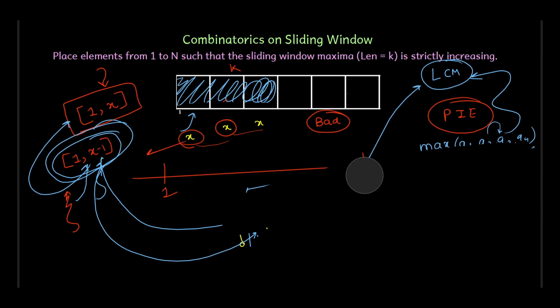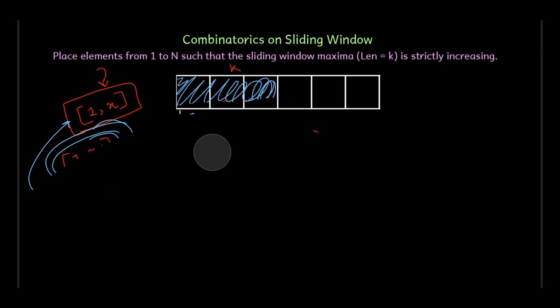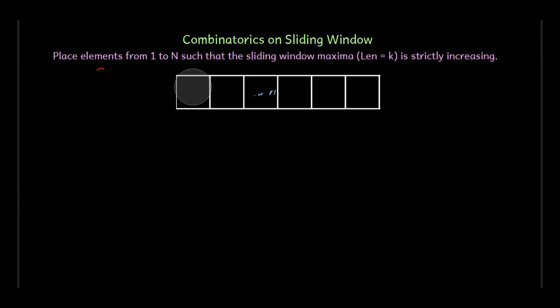Combining all of these facts, the answer is simply the summation of this quantity. You fix a partition point x, which denotes the maxima of the left segment, the special half.